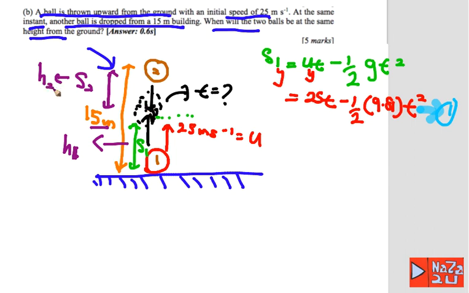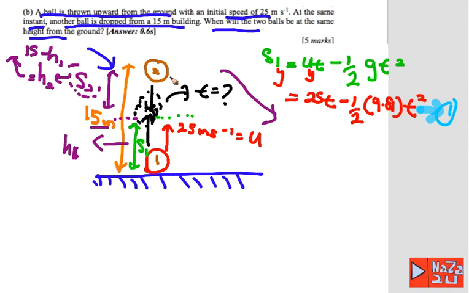But the total displacement here is 15 meter, so S2 is equal to 15 minus H1. So 15 minus H1 is equal to the distance S2, right?